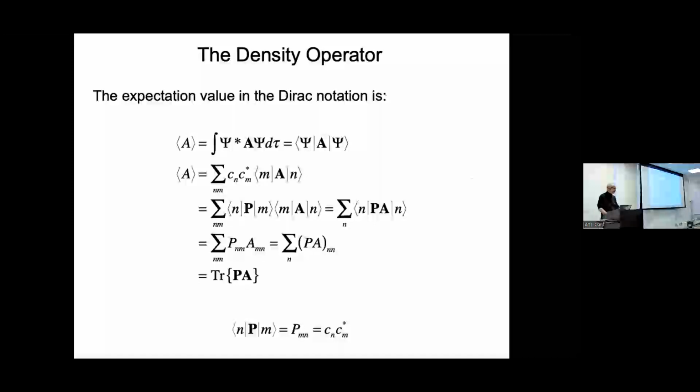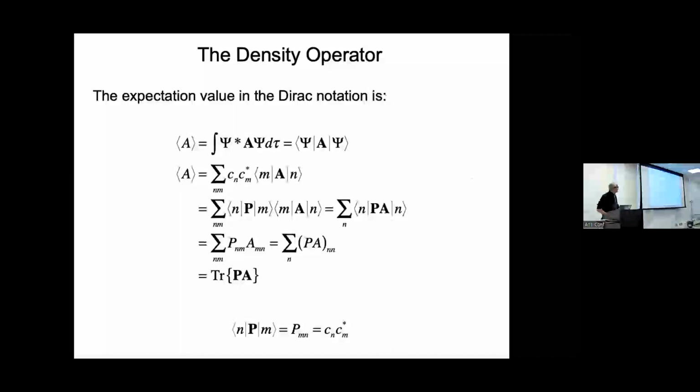So let's go back. Here's our expression for calculating our expectation value, our observable quantity. It was psi A psi star integrated. In the Dirac notation, this would be these brackets: the ket, the operator that acts on the ket, and then the bra. And now the brackets, of course, imply that we're doing the integration.